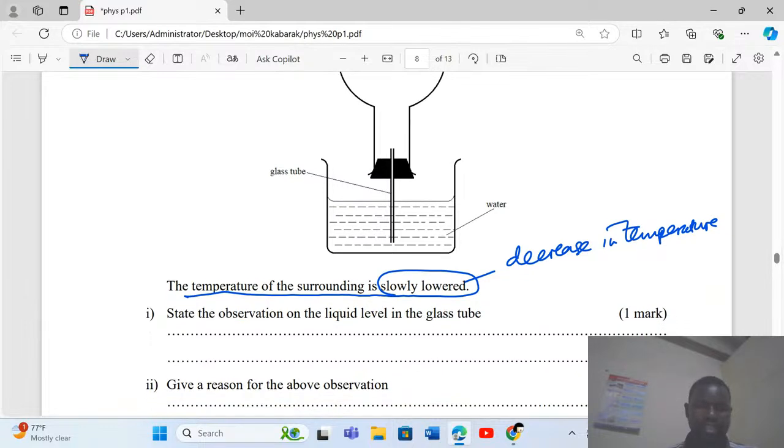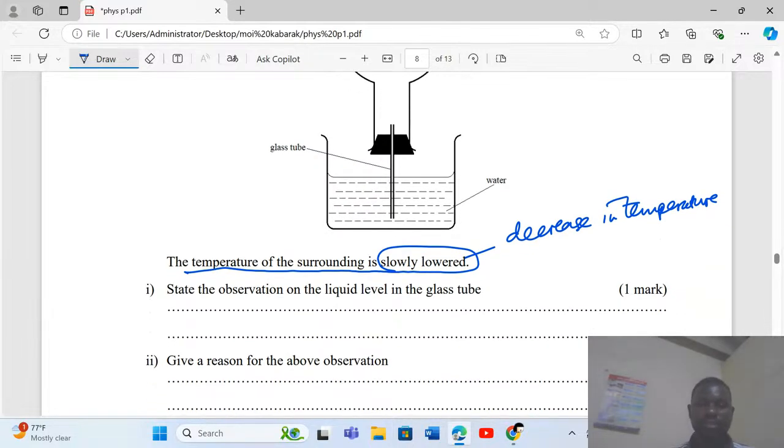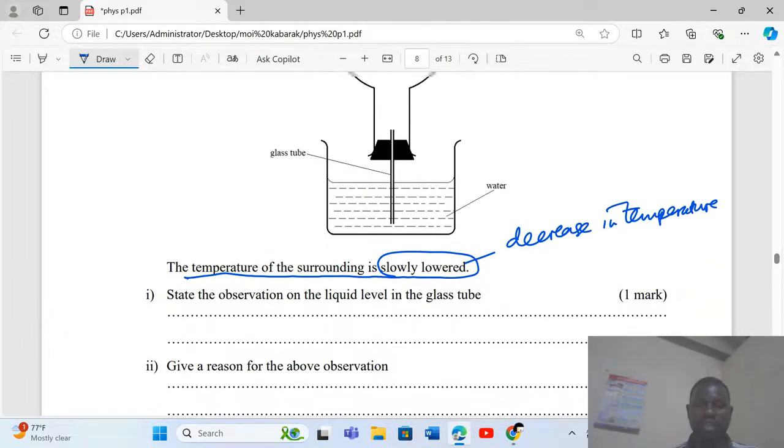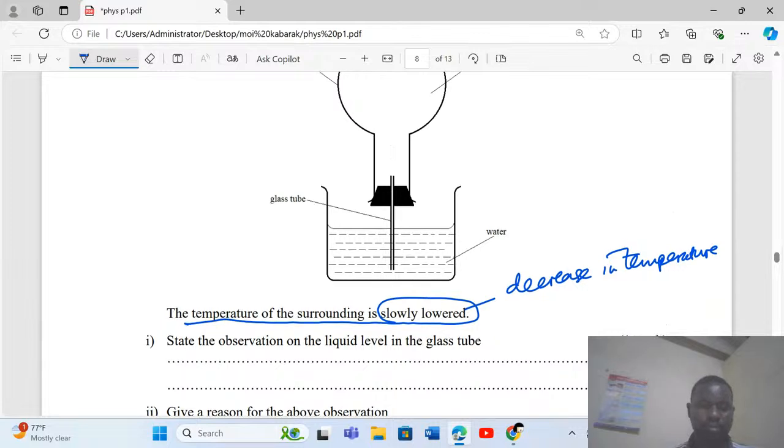Then we're told to state the observation on the liquid level in the glass tube. So the moment you decrease the temperature, then you're going to alter some of the things.